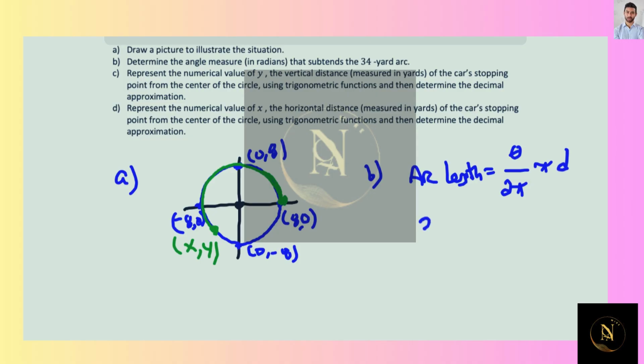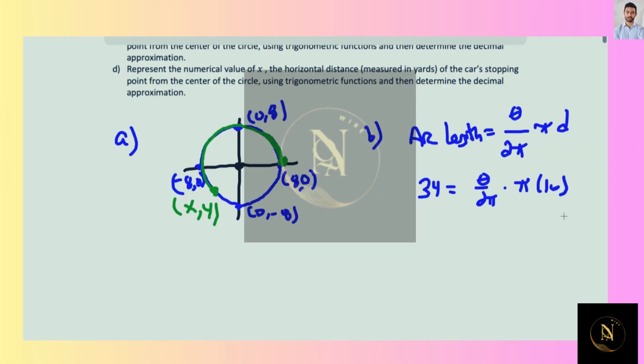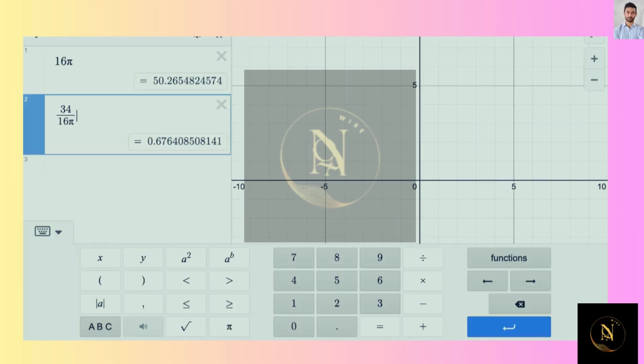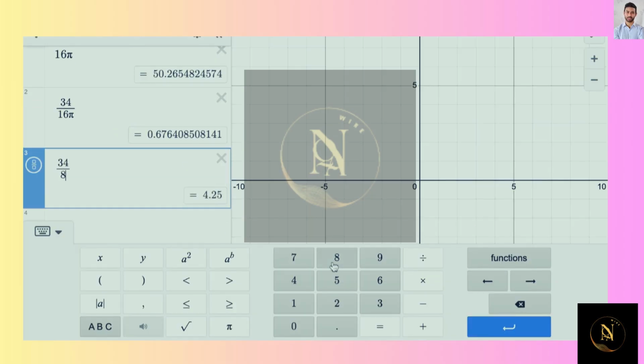So if we know the arc length is 34, and we know that the diameter is 16, the pi's would cancel, and 16 over 2 is 8. And so then we would divide both sides by 8. It would be 34 eighths, or 4.25 radians.